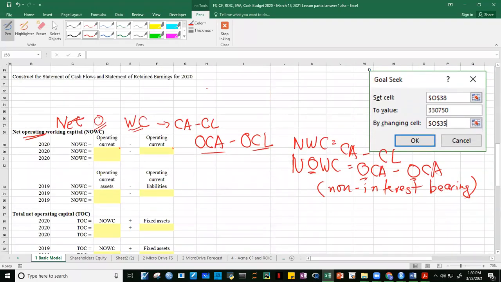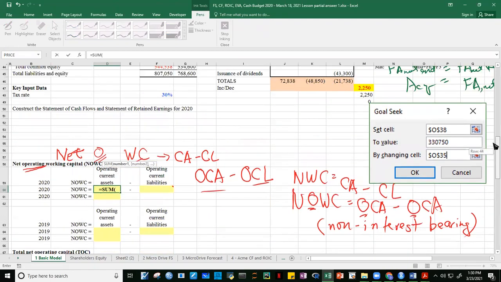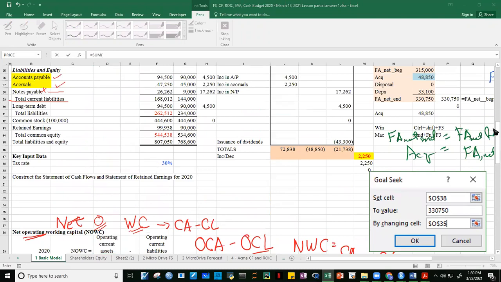So how do we compute net operating working capital? We just subtract operating current liabilities from operating current assets. Let me increase the size. Operating current assets minus operating current liabilities. So this is equal to the sum, let's add 2020. What are our operating current assets?